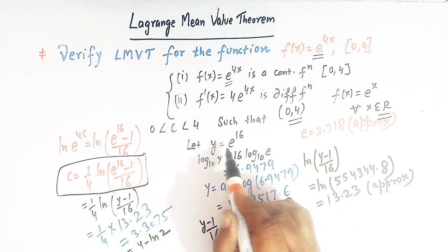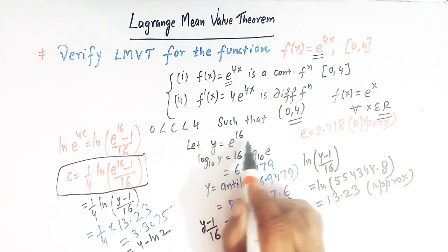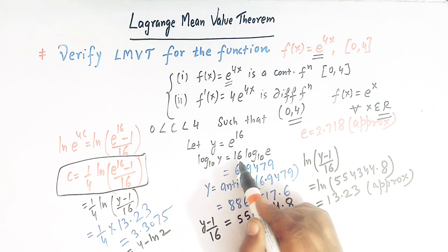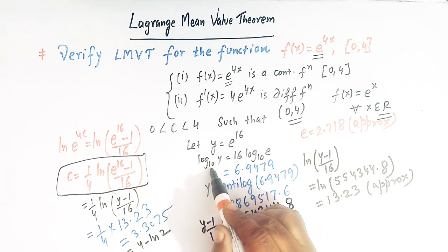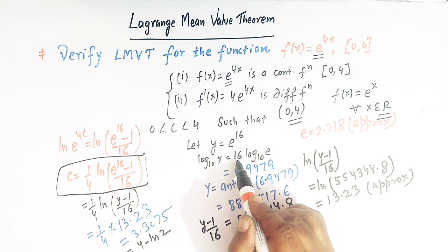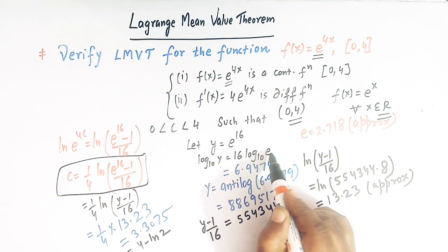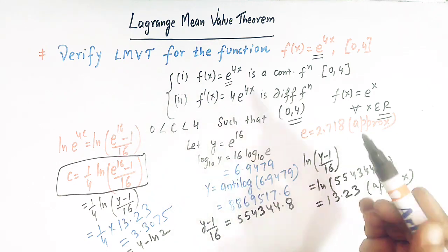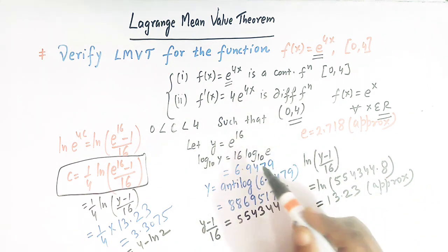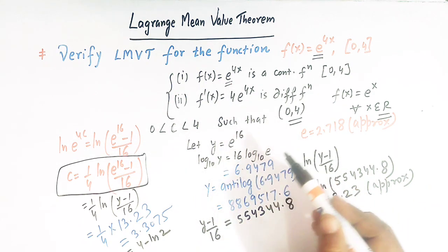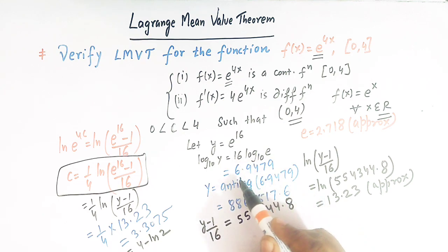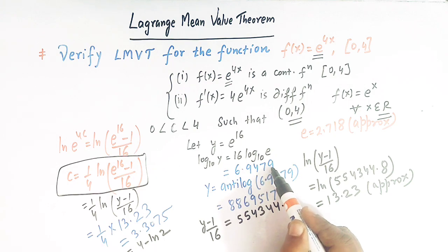Taking the log of both sides to the base 10, we have log y to the base 10, and here we have 16 times log of e to the base 10, right? Taking the help of the log tables, we can find 16 times log of e to the base 10 as 6.9479, right?